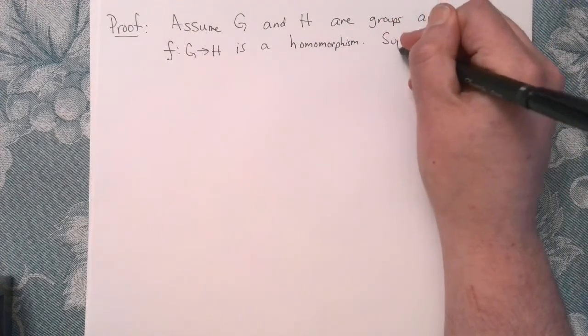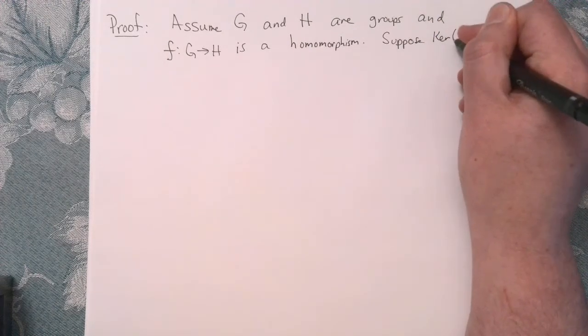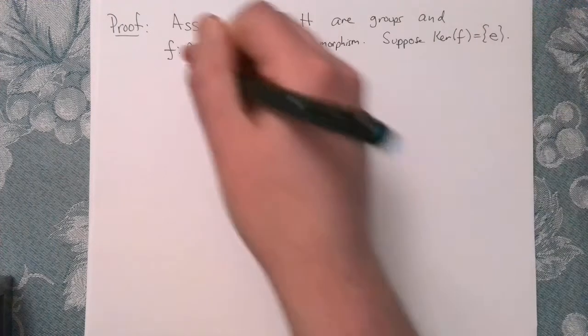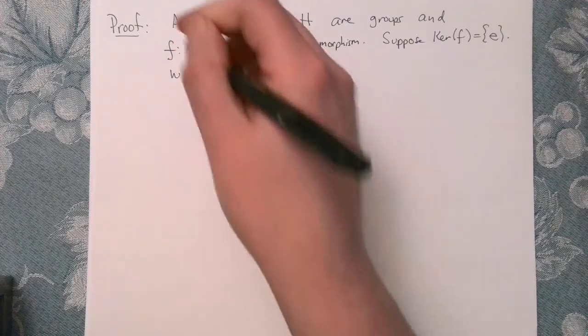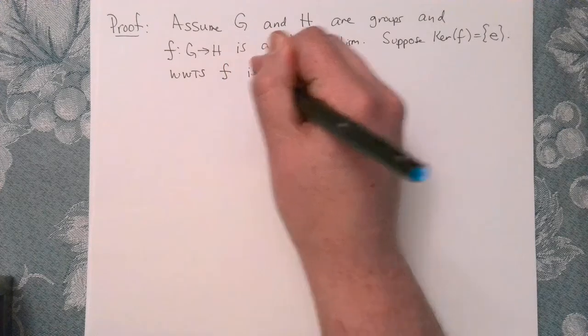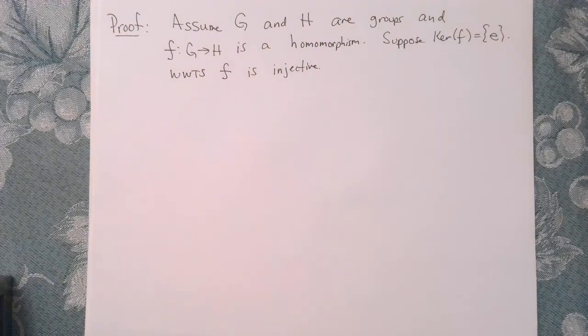And let's suppose we have a trivial kernel. And so we want to show that F is injective. So you should be thinking about all the properties of homomorphisms and also think about how do we prove that a function is injective. So that's going to be absolutely key.